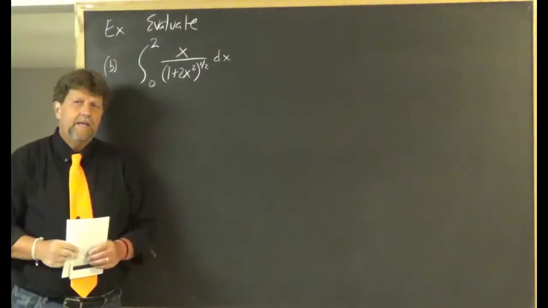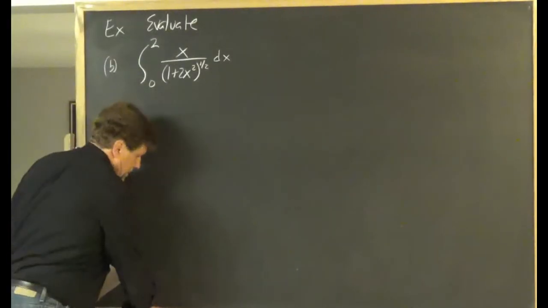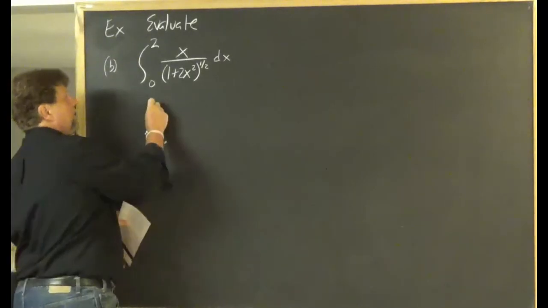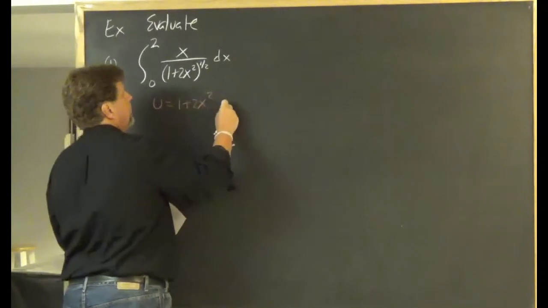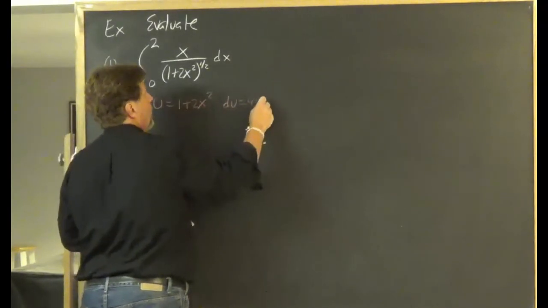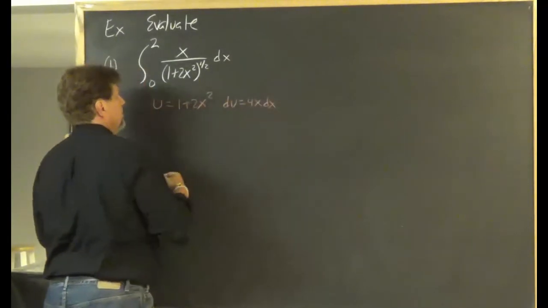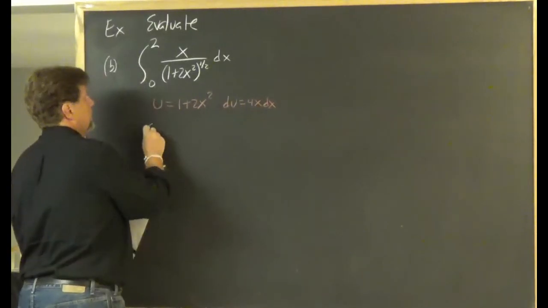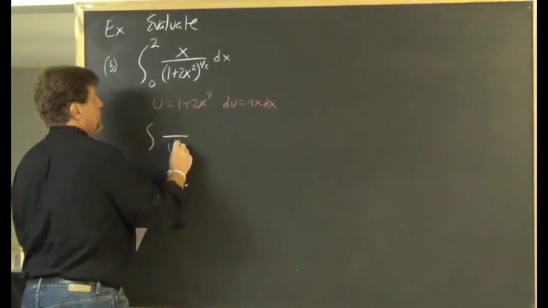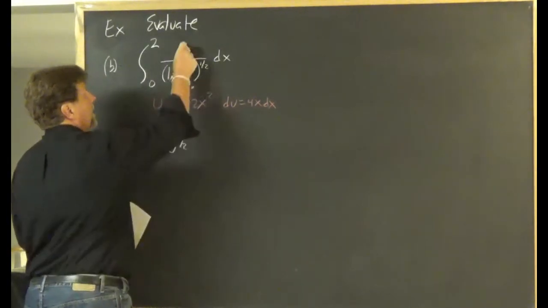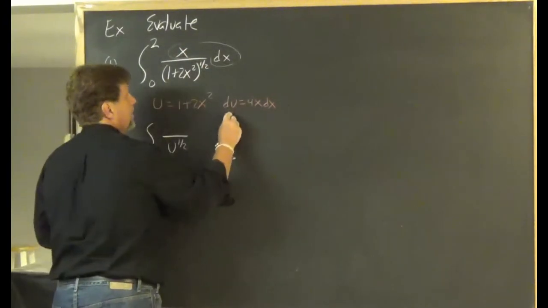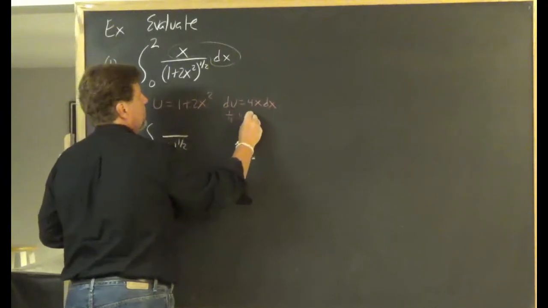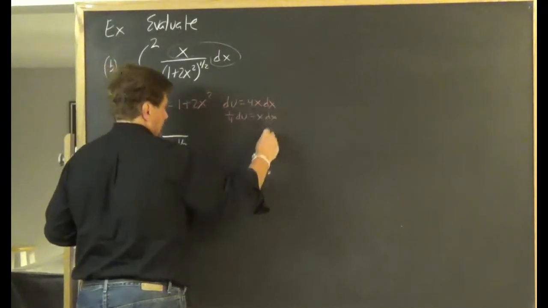All right, folks, let's see how you did on part B. I'd let u equal 1 plus 2x squared. du is 4x dx. So when I substitute in, my denominator is u to the 1/2. I still have an x dx to take care of. 1/4 du, that's x dx.